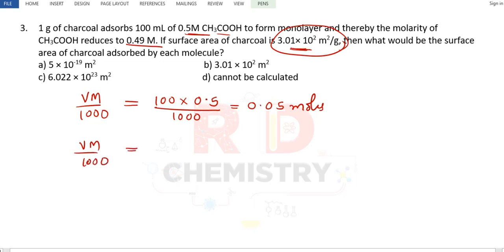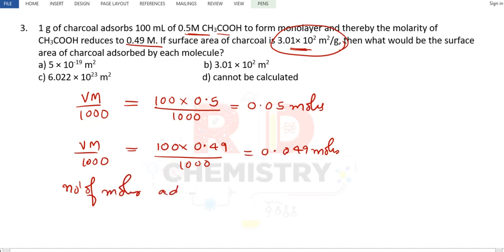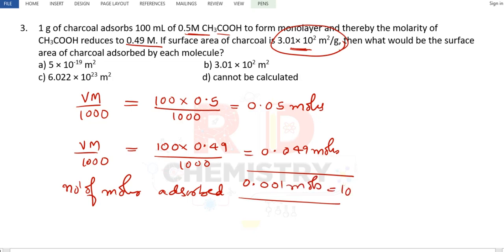The volume remains the same, 100 into concentration 0.49 divided by 1000. This is equal to 0.049 moles. Number of moles adsorbed is the difference, which is 0.001 mole, or 10 power minus 3 moles.